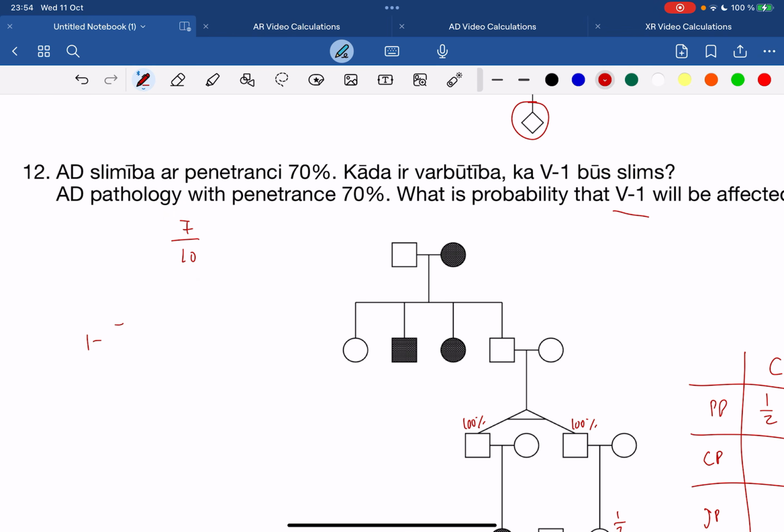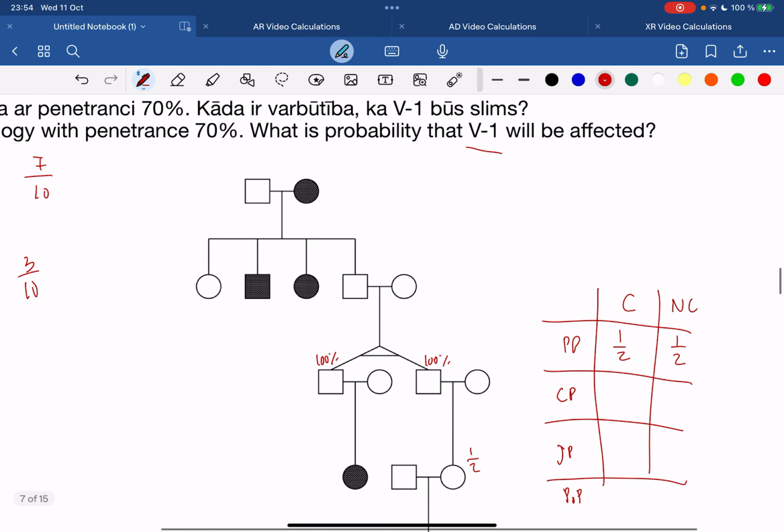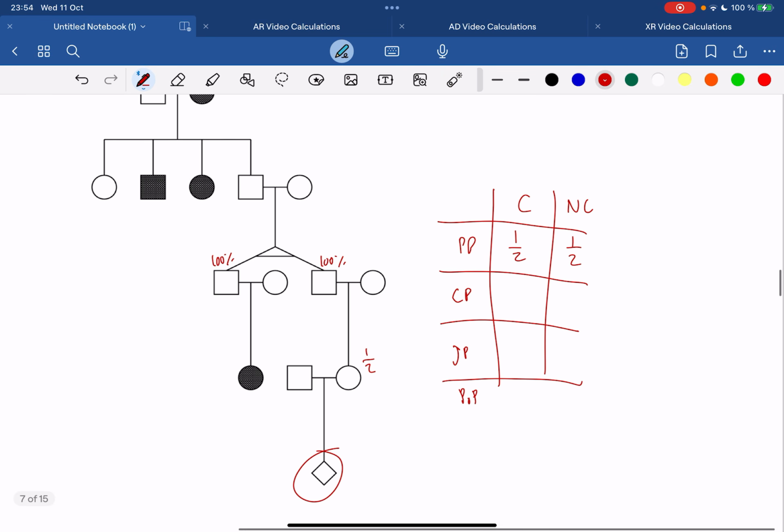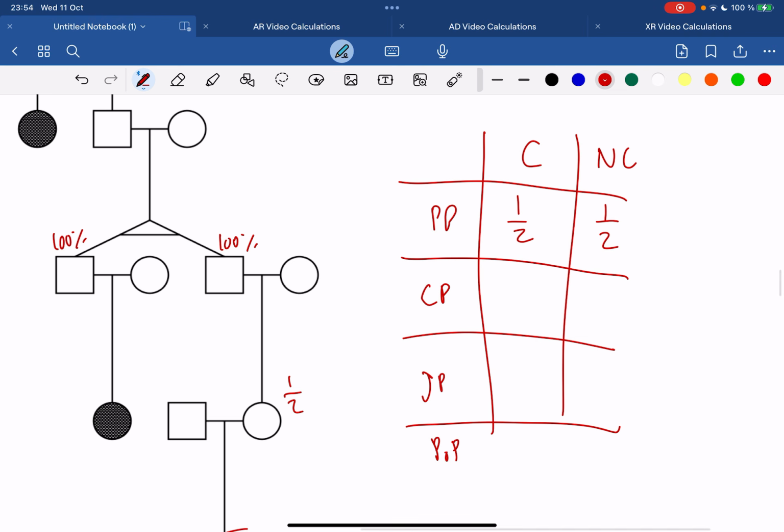And then for the conditional probability, it's whatever is left from this. So it's 1 minus 7 out of 10, which equals 3 out of 10, because it's the rest of the penetrance population, right? So here it would be 3 out of 10. This would be 1. And then we get to 3 out of 20 for the joint.